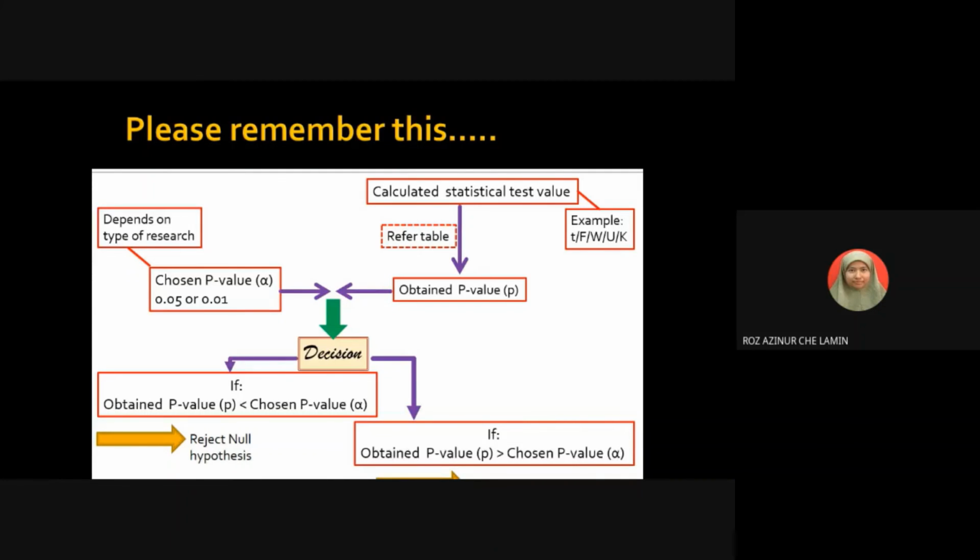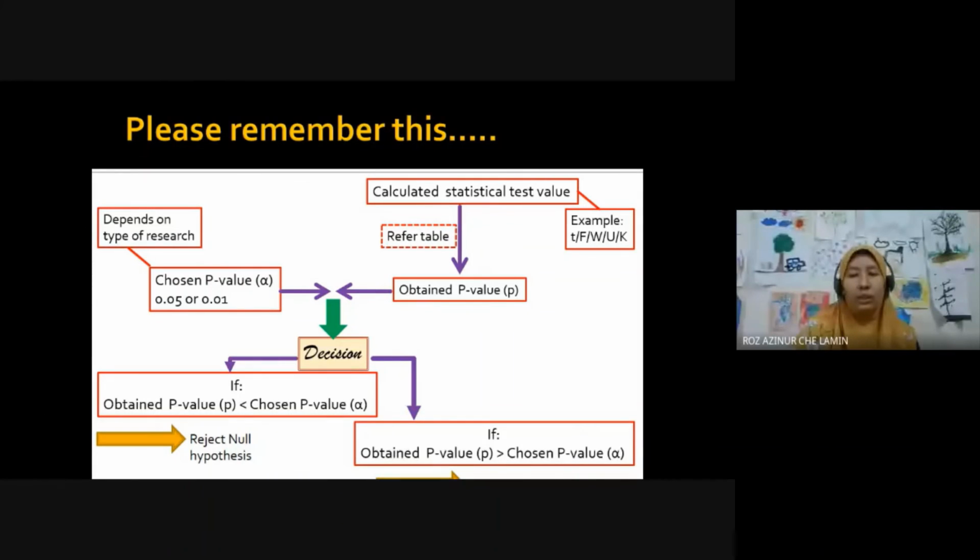If the p-value is lower than the chosen p-value, you have to reject the null hypothesis, meaning you reject the hypothesis that they have the same mean. If the obtained p-value is higher than the chosen p-value, do not reject the null hypothesis. This means you cannot reject that they have the same means.